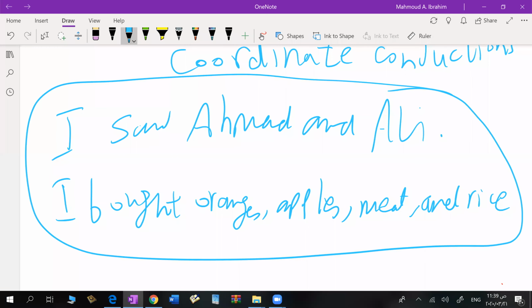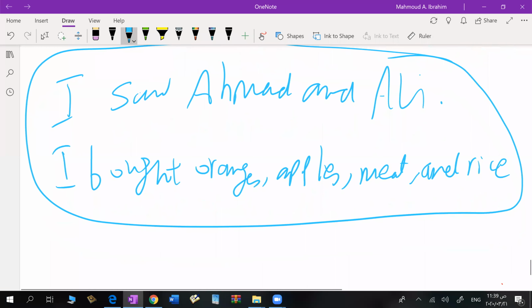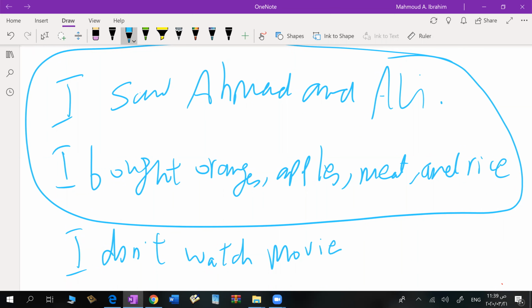And here with or also, we said, for example, I don't watch movies or plays. Okay? In these structures, are they coordinate connectors?